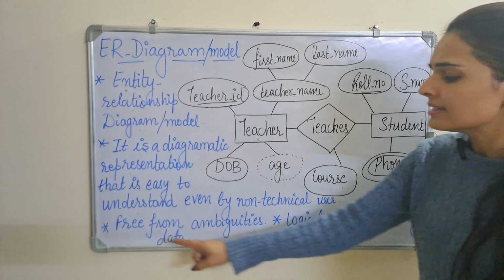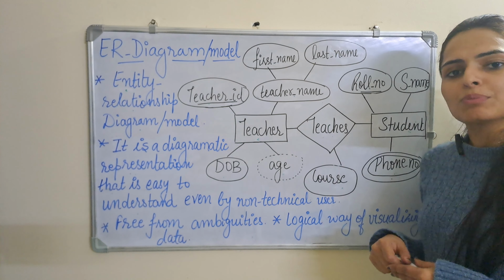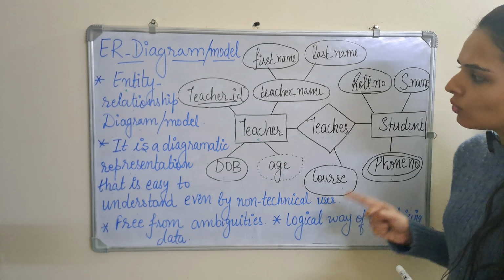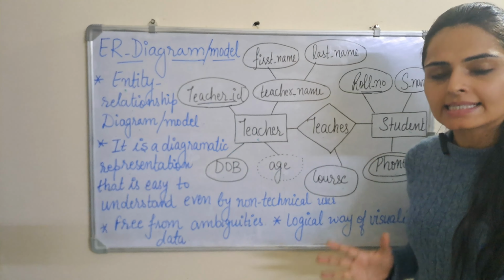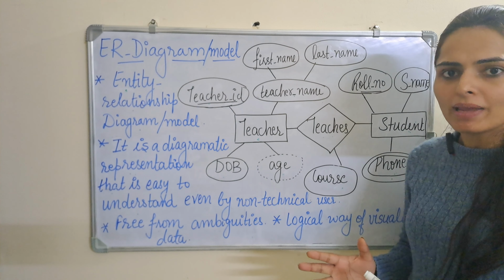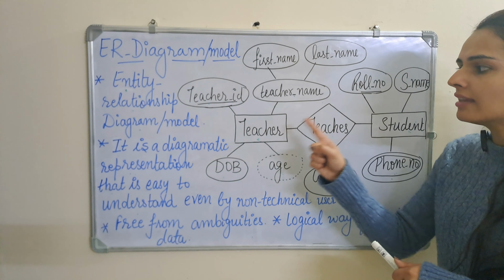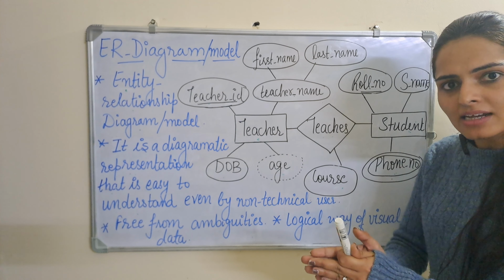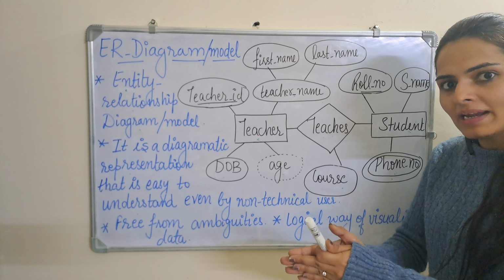Now, next thing is, it is free from ambiguities. Ambiguities means confusions. Since we want that by looking at this ER diagram, the basic idea of the project should be clear, there should not be any confusions in this ER diagram, so that the client can have a basic understanding of how the project is going to look after implementation.